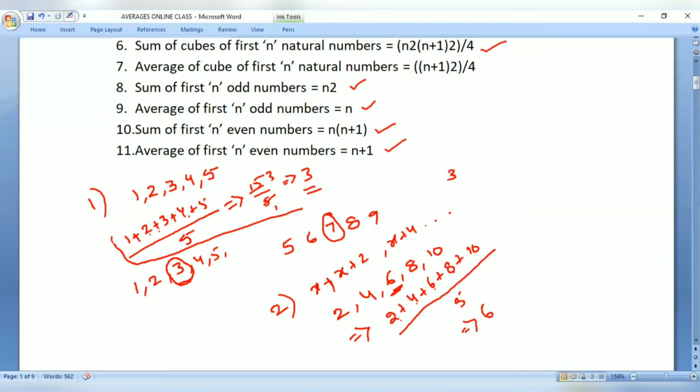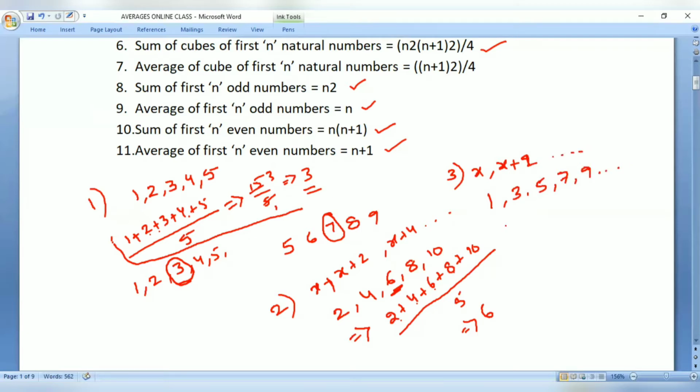Next, similarly, if you are asked to calculate the average of consecutive odd numbers, if I say x, then the next is x plus 2. Say if I say 1, then 3, then 5, then 7, then 9, and so on.